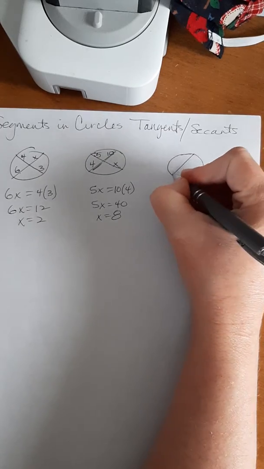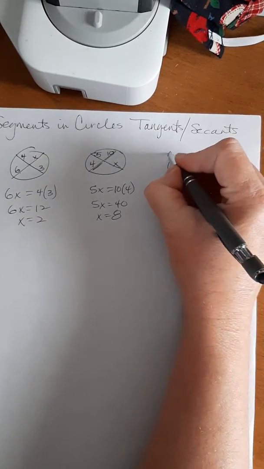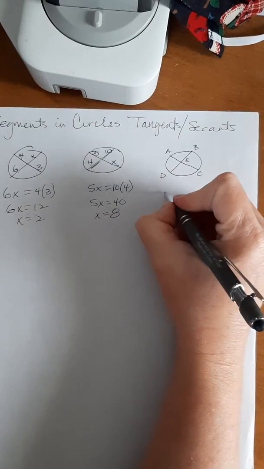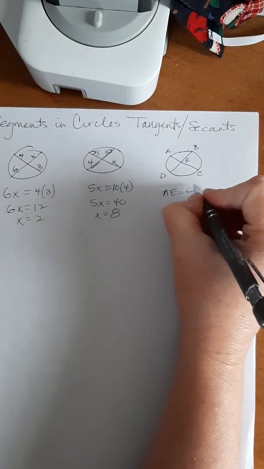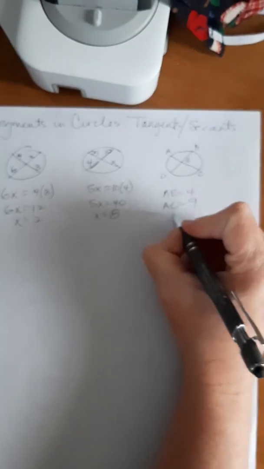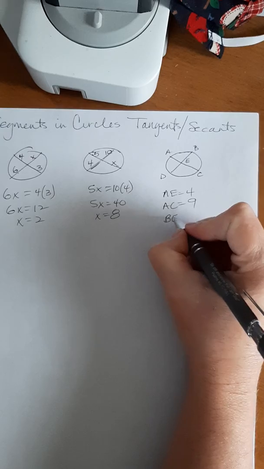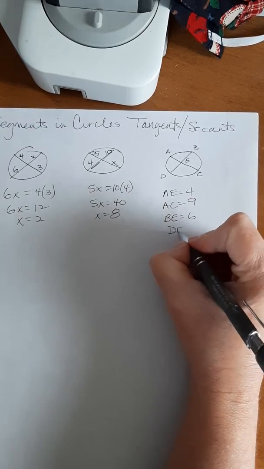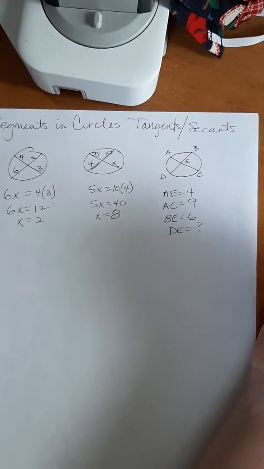About the trickiest they can get, let me put some letters in here. Okay, what about AE is 4, AC is 9, BE is 6. Let's find DE.